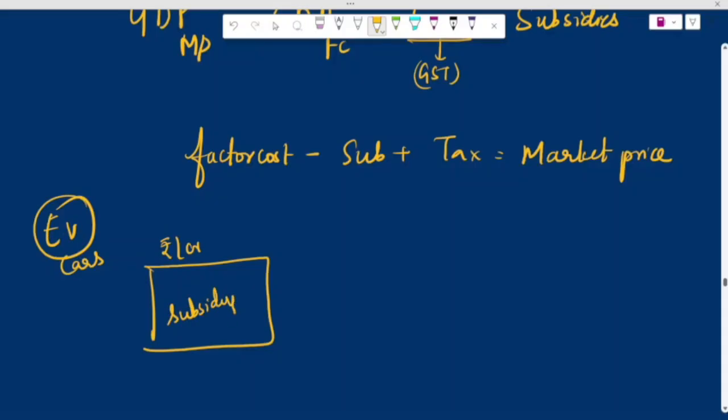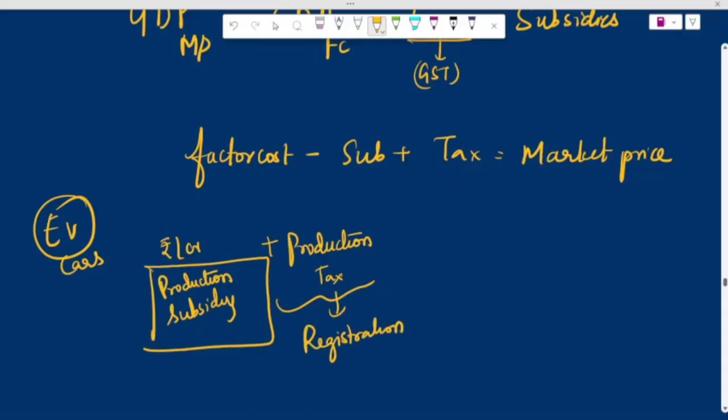As I am doing the production of EV cars, the government is giving the subsidy called production subsidy. And they also said that you are getting steel, so you have to pay tax called production taxes. Nothing but for land registration, I will be paying some tax called production tax.